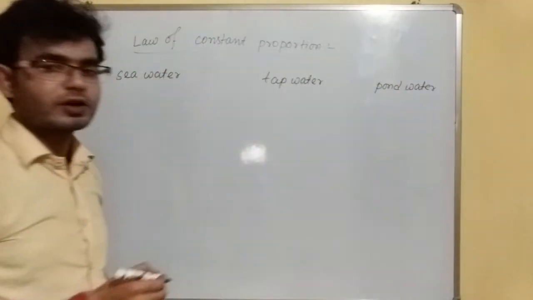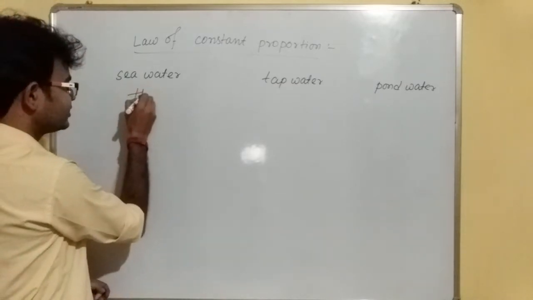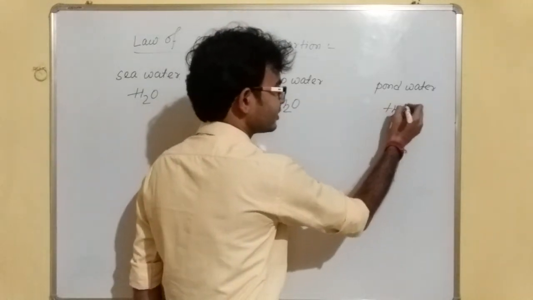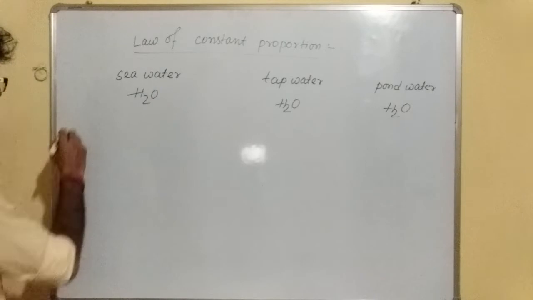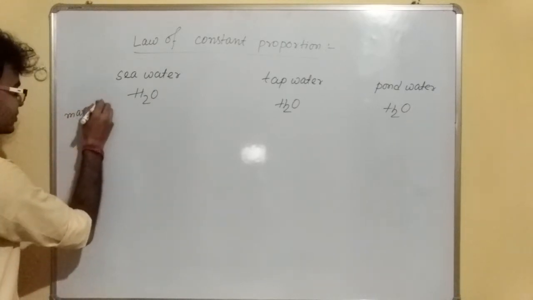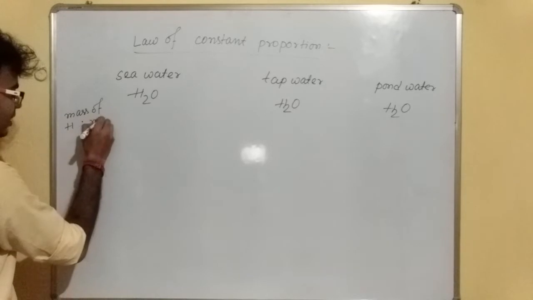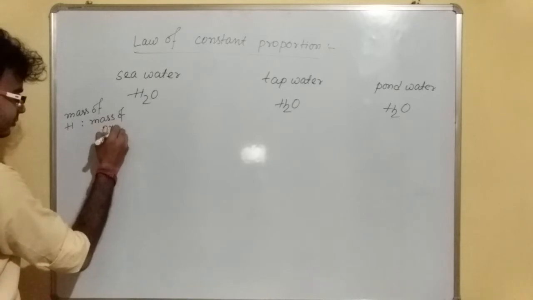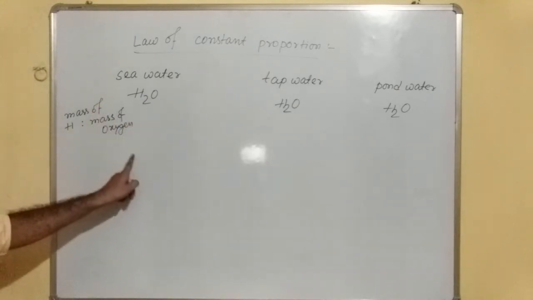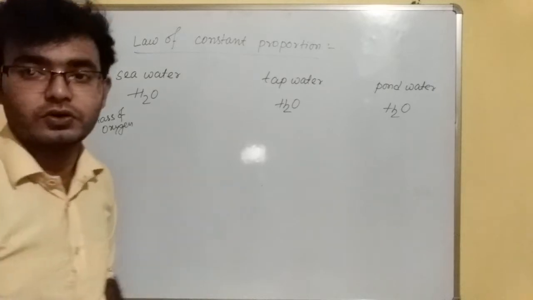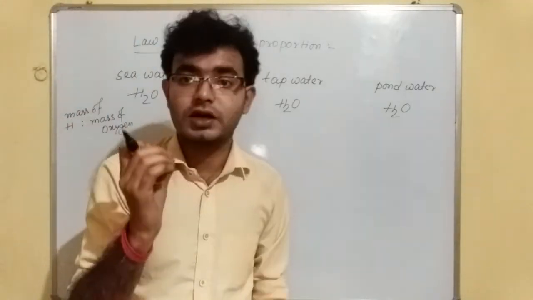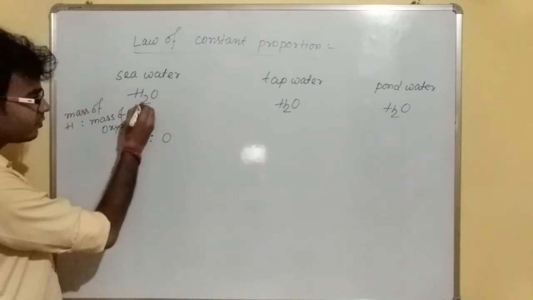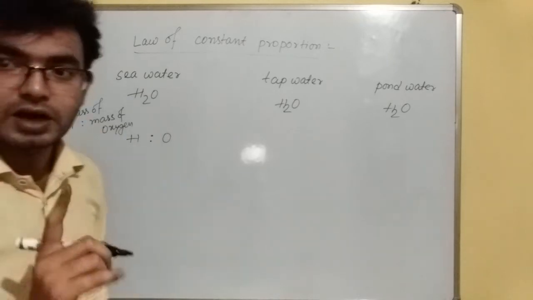Okay. Now, what will be the formula of sea water? That is H2O. Tap water, it is H2O. Pond water, it is H2O. Now we are taking the ratio of the mass of hydrogen to the mass of oxygen. The mass of hydrogen is 1.